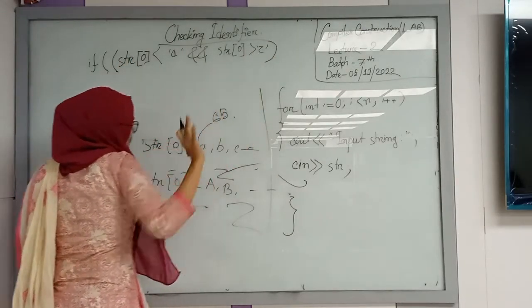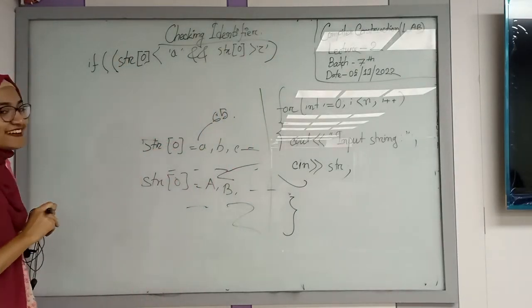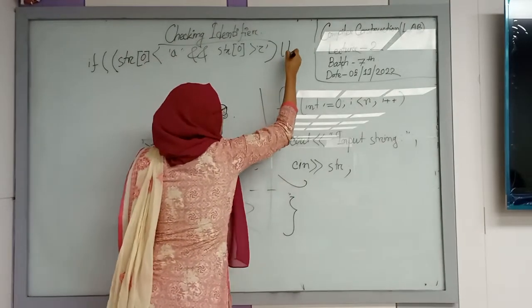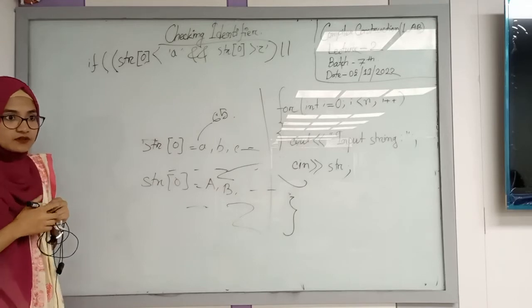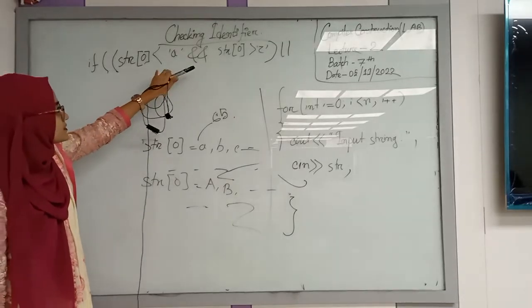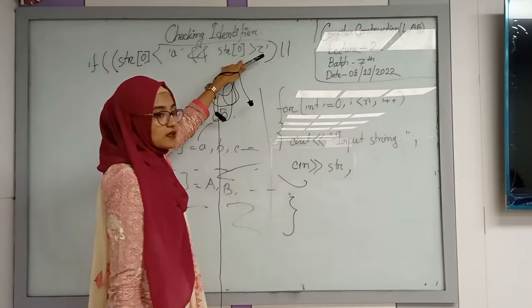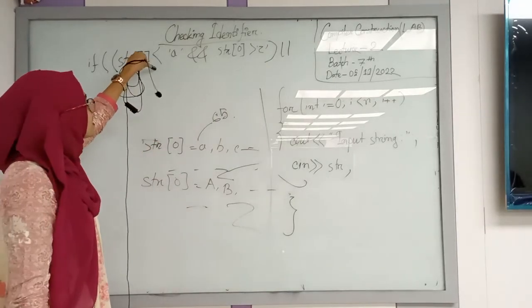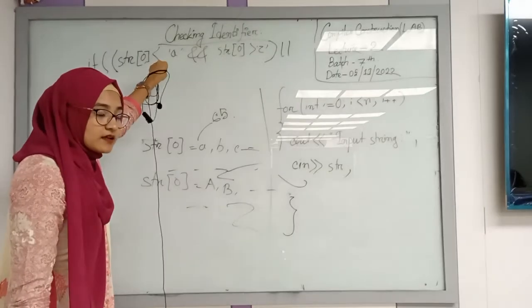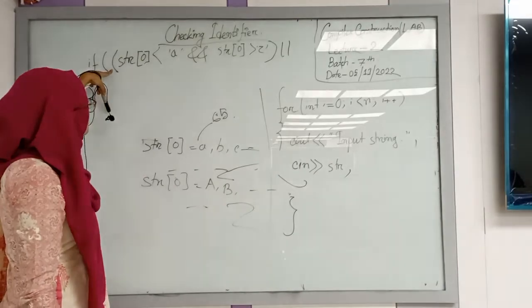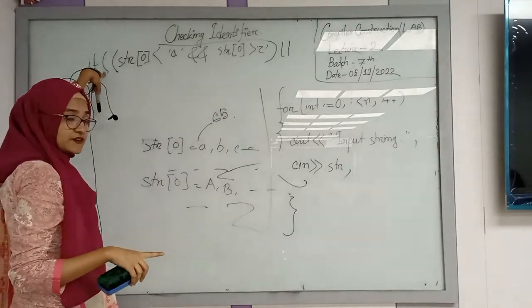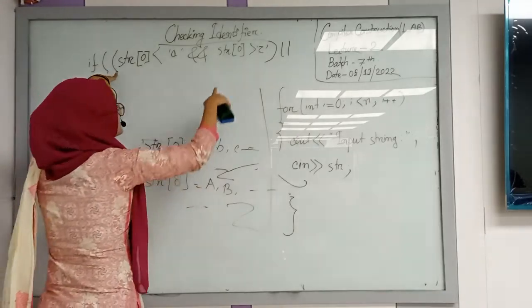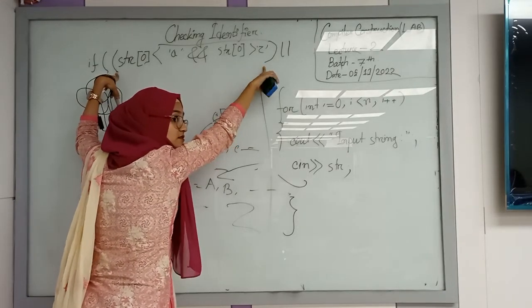This is our one condition, okay? The next one, or it can be capital alphabets. Do you know what this means? This means it can start from A to Z. This is the if's first bracket, and this is the condition's first bracket.